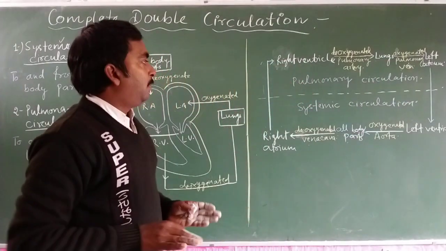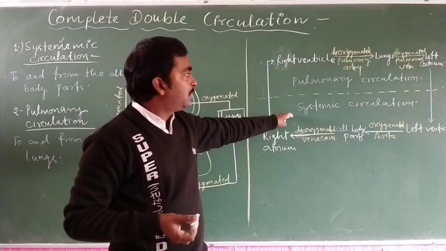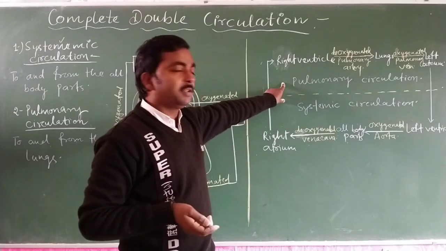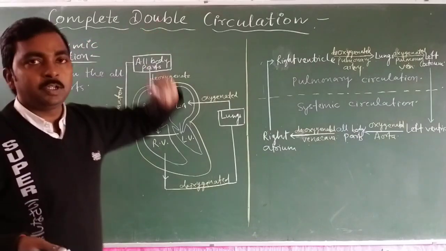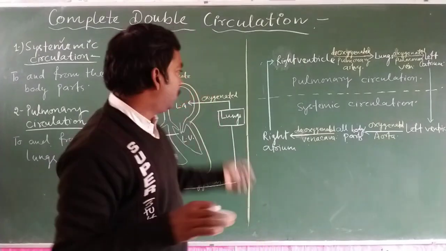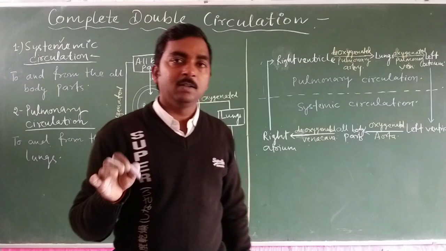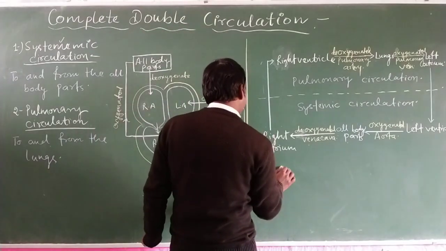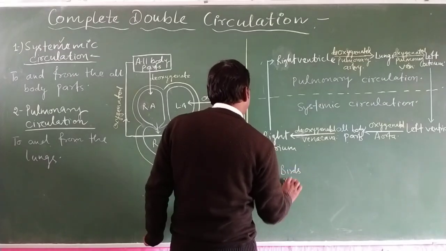So during one complete cyclic circulation, there are two kinds of circulation, pulmonary as well as systemic. Together these constitute the complete double circulation, which is found in animals having a completely four-chambered heart, and the animals belonging to this category are birds and mammals.